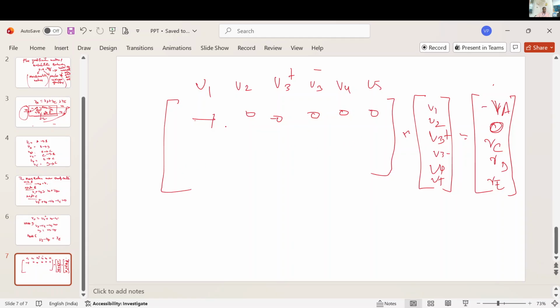Next for V2 this is going to be 1, minus 1, minus 1, plus 1, and 0 and 0.